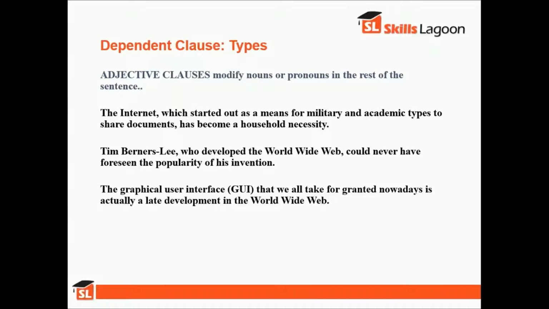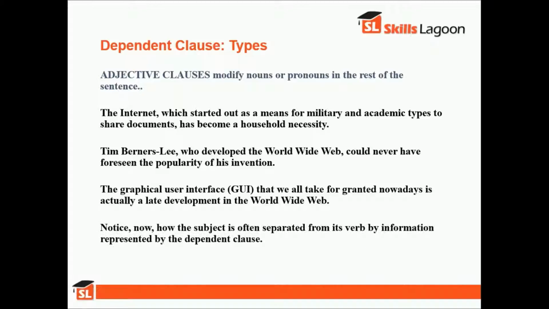The main clause here is the graphical user interface is actually a late development in the World Wide Web, and the subordinate clause has been sandwiched in the middle, that we all take for granted nowadays, and it's modifying the graphical user interface. The pattern that we noticed here is that the subject is separated from its verb by the subordinate clauses, or the dependent clauses, in the middle.